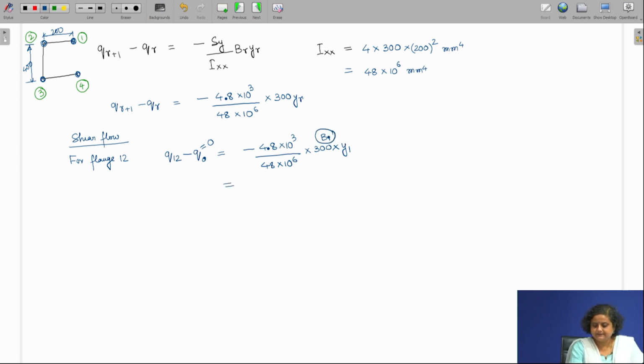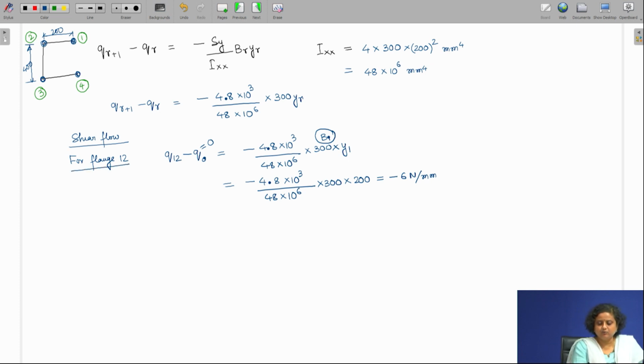So, if I simplify this, I am going to have minus 4.8 into 10 to the power 3 into 300 into y1, which is therefore going to be plus 200. So, this turns out to be minus 6 Newton per millimeter of shear flow.